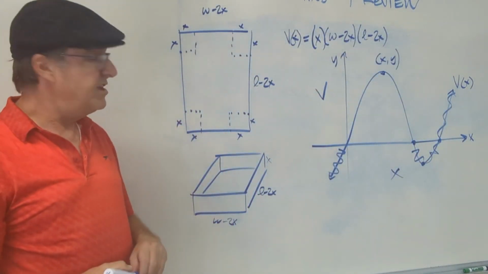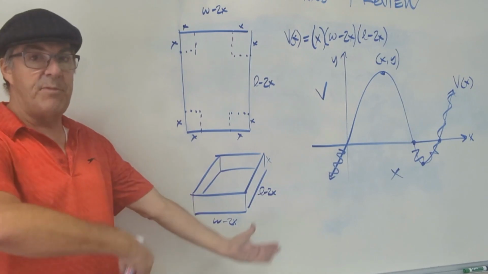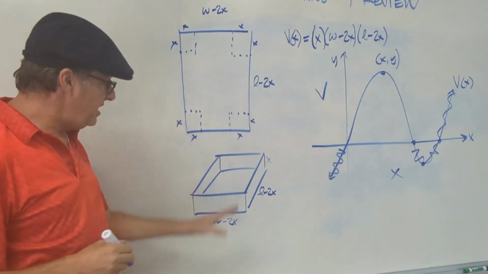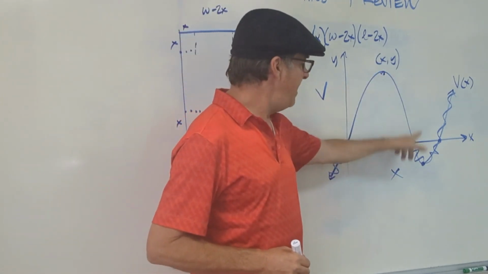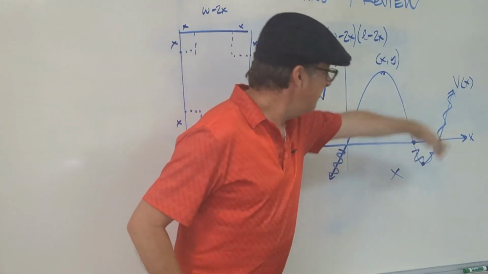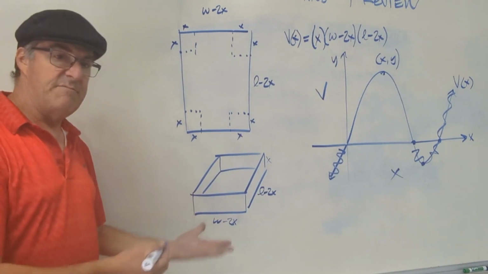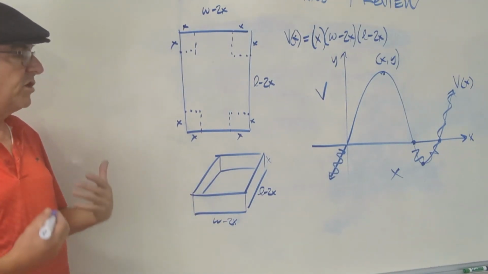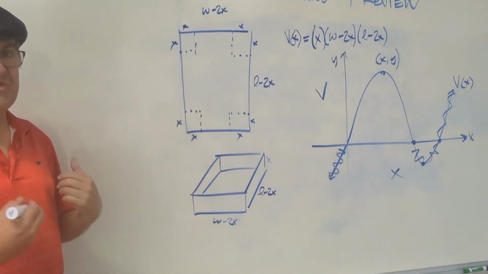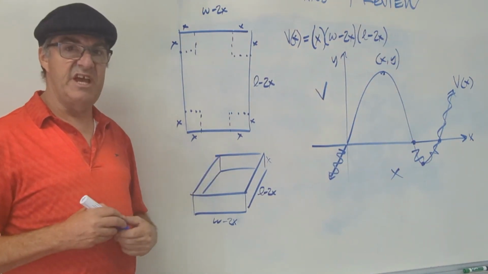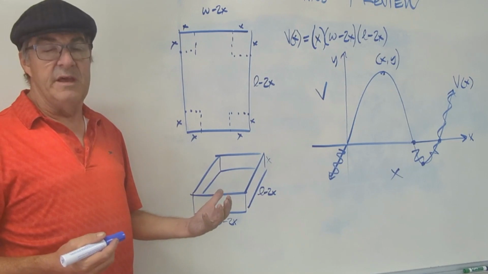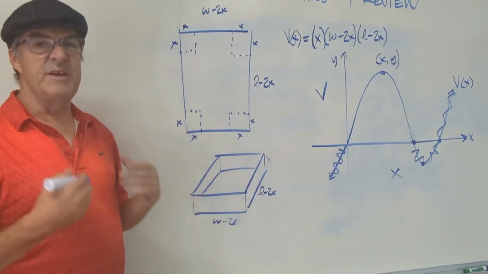For the problem, the only relevant part, the only part that actually maps the reality of our box, is from the origin up to the max, and back down to a 0 volume. So the rest of this is a mathematically valid function, but for our problem, it's irrelevant. It does not make sense. Sometimes with mathematics, you have to come to that understanding that you've graphed a function, but in terms of mapping reality, there's only a part of it.